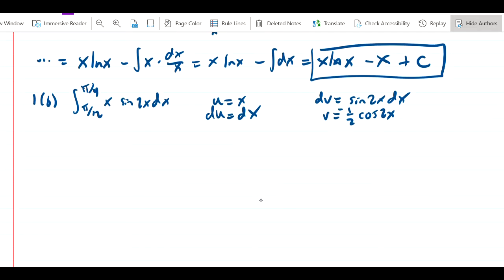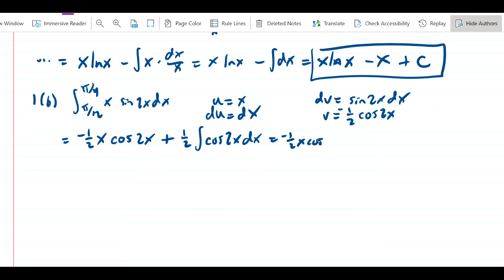So we can now evaluate this integral as negative 1/2 x cosine 2x, that's the uv part, and then plus 1/2 integral of cosine 2x dx. It's plus because there's a negative in the v. So that equals negative 1/2 x cosine 2x plus 1/4 sine 2x.